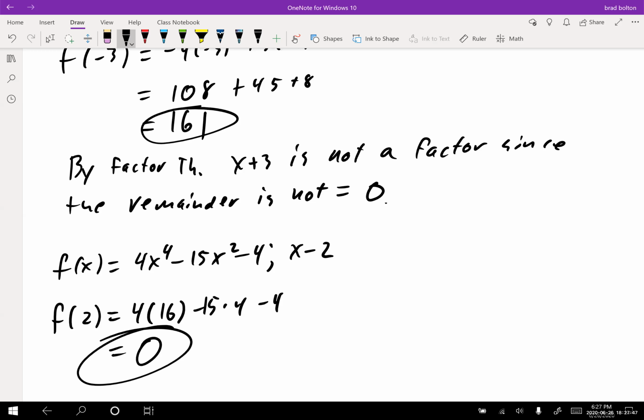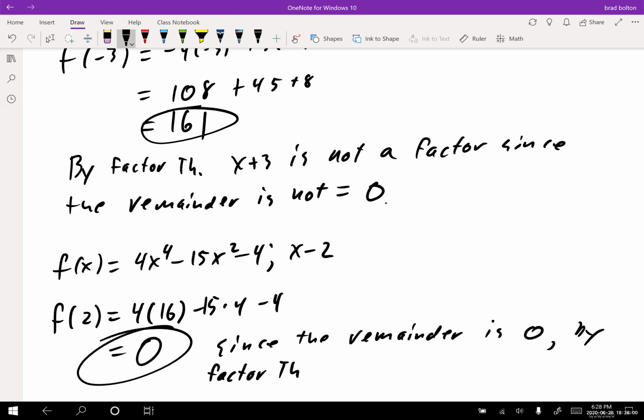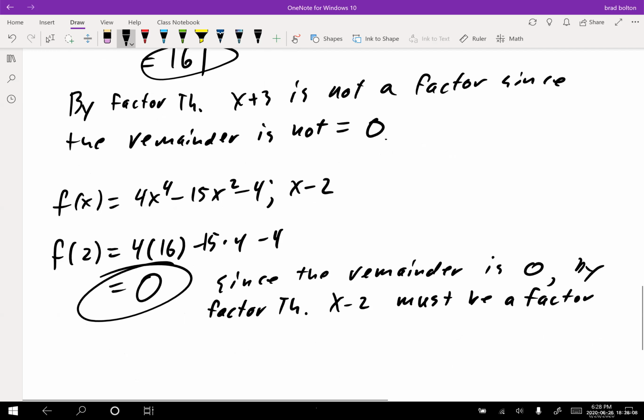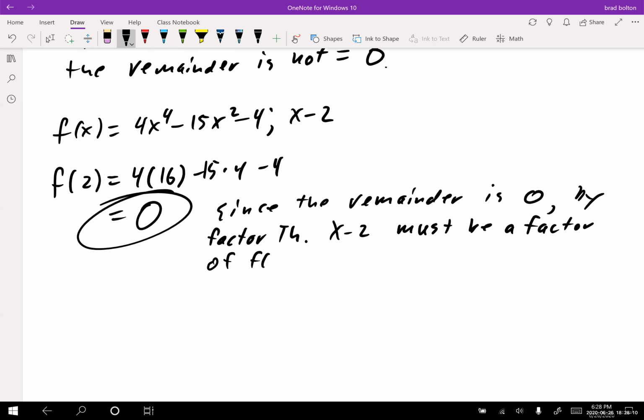So that's my remainder. And we say since the remainder is 0, this is another way we can say it, by factor theorem, x minus 2 must be a factor of f of x, right?